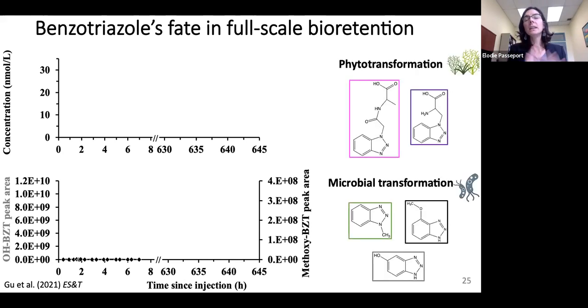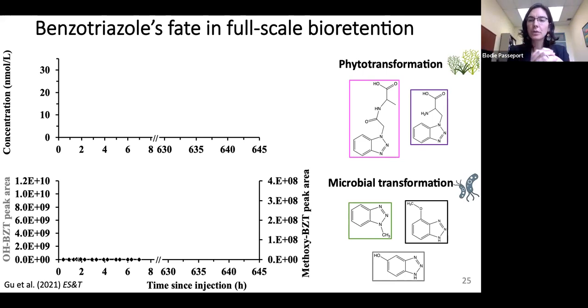All right, so we had many different authentic standards. By many, I mean around 20, I think, for known transformation products of benzotriazole. This included phototransformation, which is not relevant here because there is no ponding water for photo-induced processes.